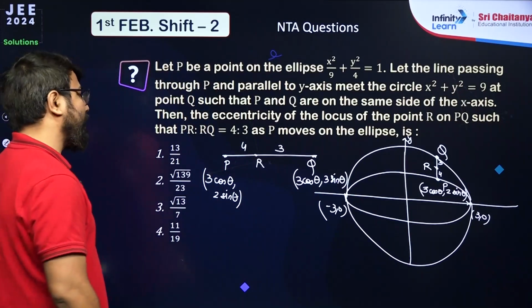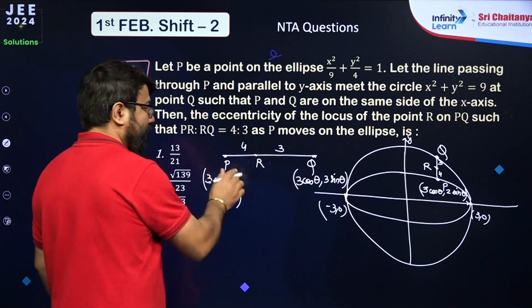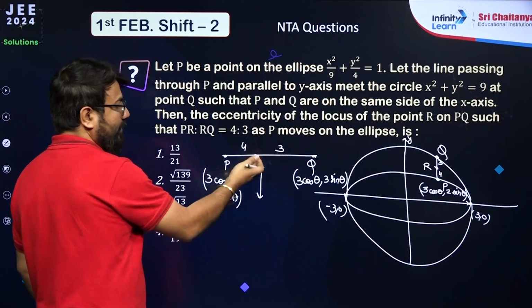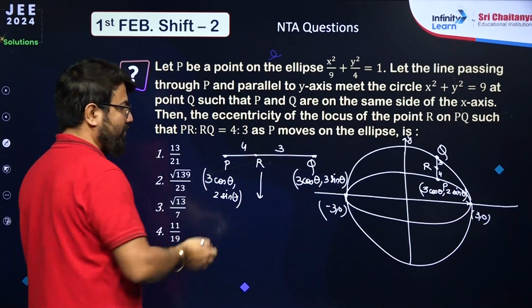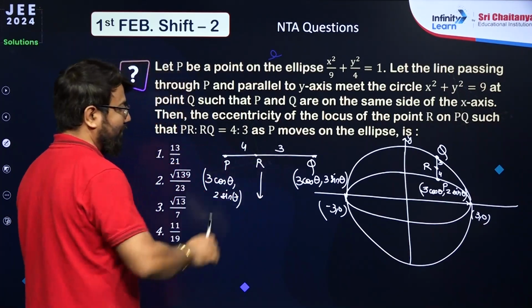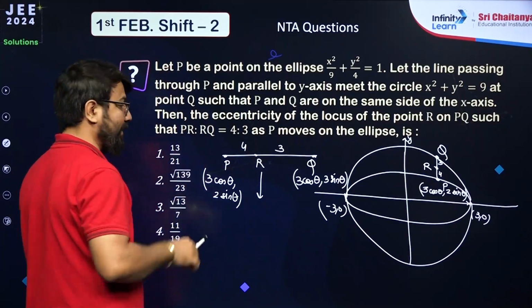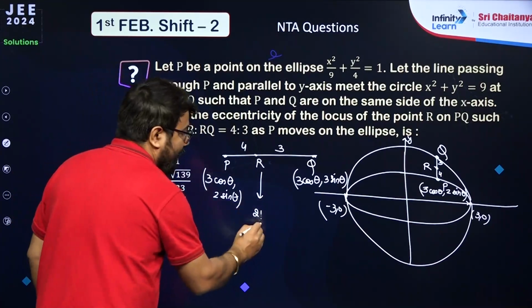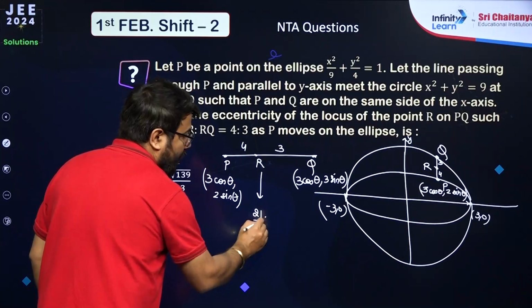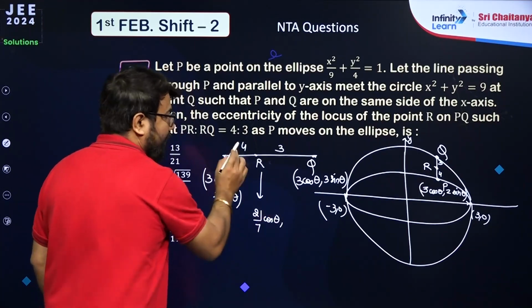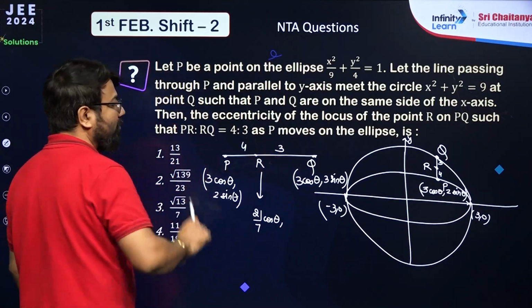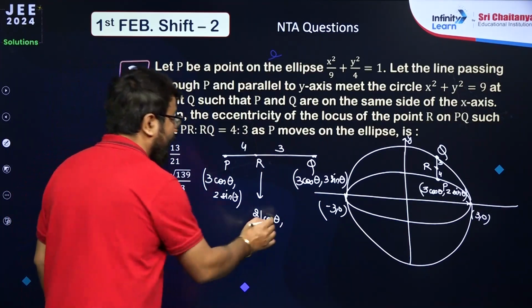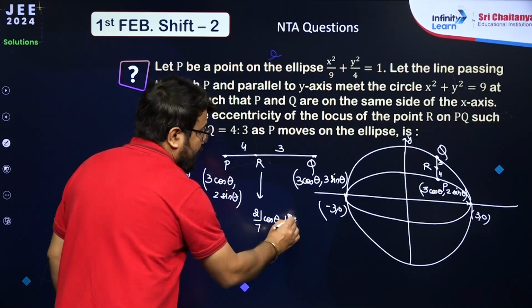Now I want to get the coordinate R such that the line PQ is divided in the ratio 4:3. So 4 into 3 becomes 12 and 3 into 3 becomes 9. 12 plus 9 becomes 21. 21 over 7 cos theta. Okay, then again 4 into 3 is 12, 3 into 2 is 6, so it becomes 18. 18 over 7 sin theta.